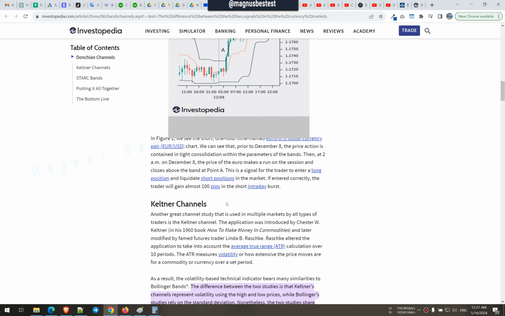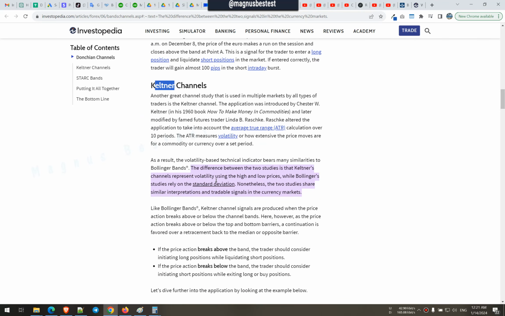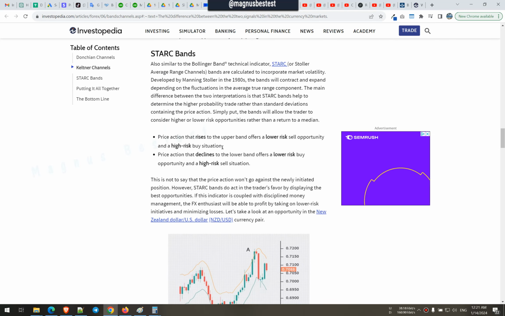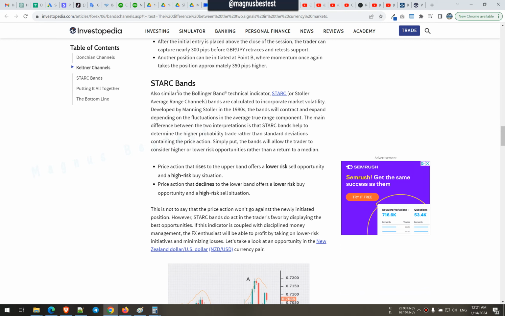And then we have Keltner Channels, and the inventor here is Chester W. Keltner, later modified by Linda B. Raschke. Okay, and now let's go to our last channel, and this is the Stoller Average Range Channel, STARC Bands.